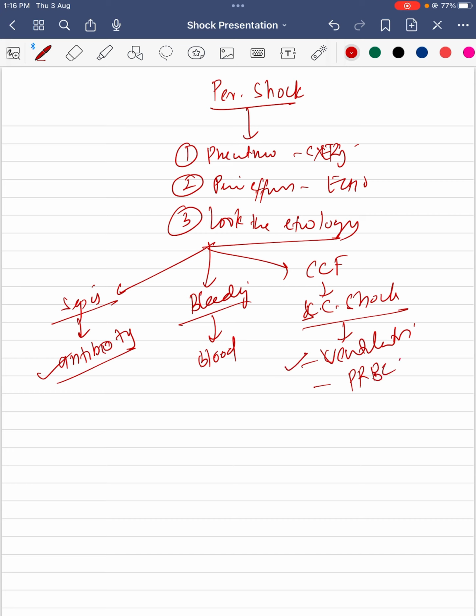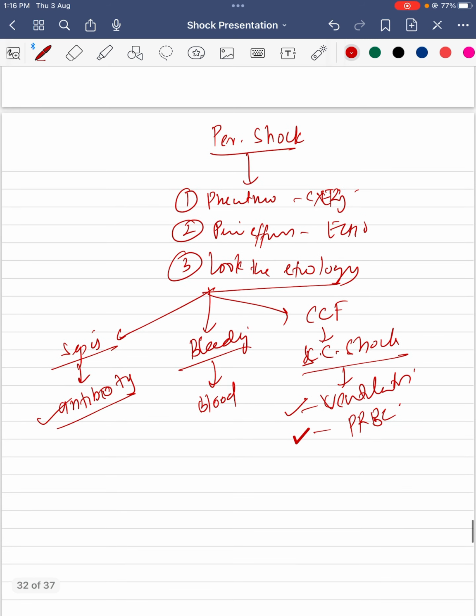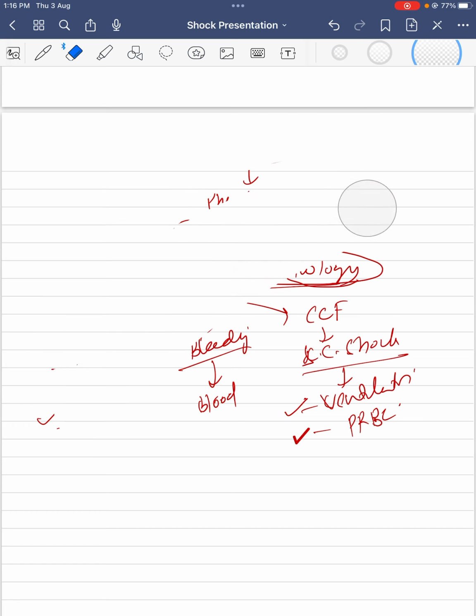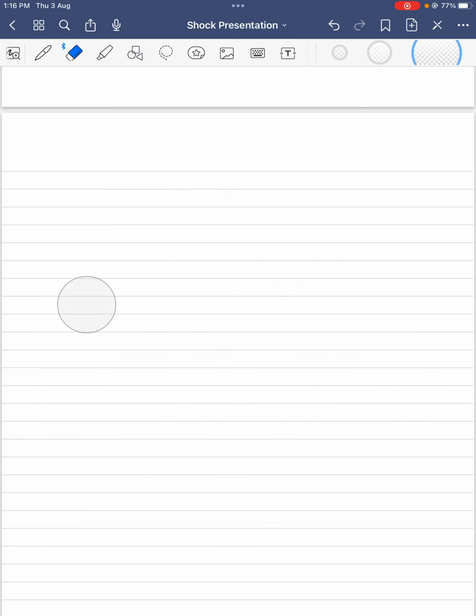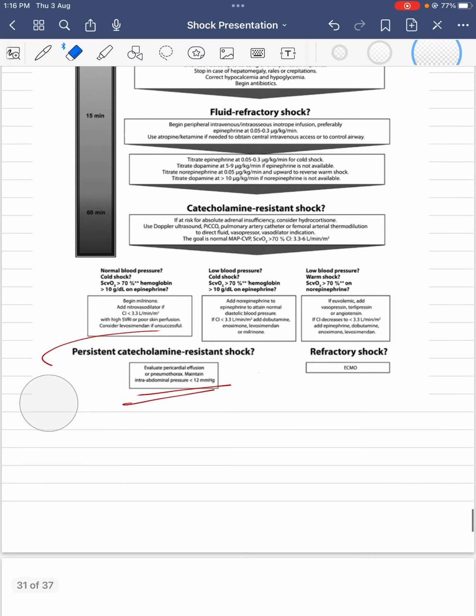How to ventilate, when to ventilate, and what is the range for PRBC transfusion, everything I will discuss in the last slide. But make sure the etiology is treated parallelly, otherwise the shock will continue. This much clear? So you know how to treat a case of cold shock.